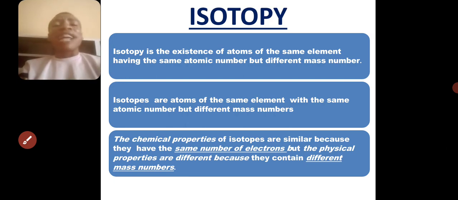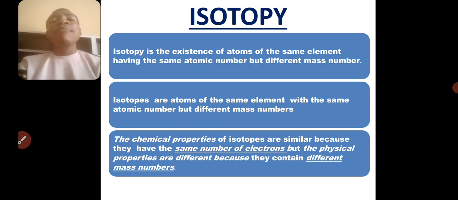Hydrogen exhibits isotopy. And what do we mean by isotopy? Isotopy is the existence of atoms of the same element. Take note of that. Atoms of the same element having the same atomic number but different mass number.